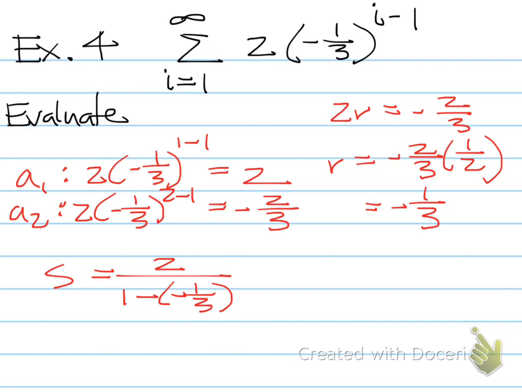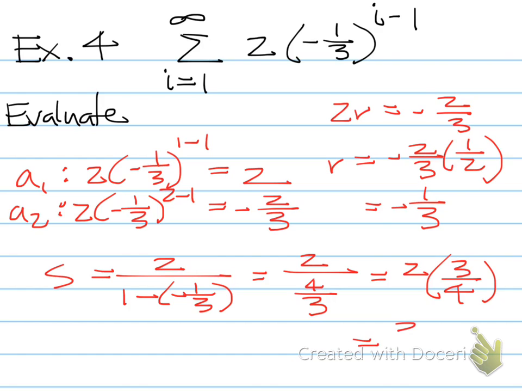S equals the first term, a sub 1, which is 2, over 1 minus r, and r is negative 1/3. 1 minus negative 1/3 is 4/3. And then 2 divided by 4/3 is the same thing as 2 times 3/4, or 3/2. So the value of the infinite series is 3 over 2.